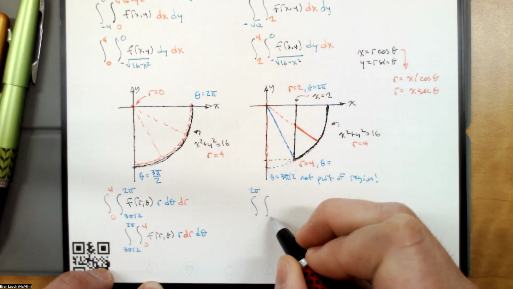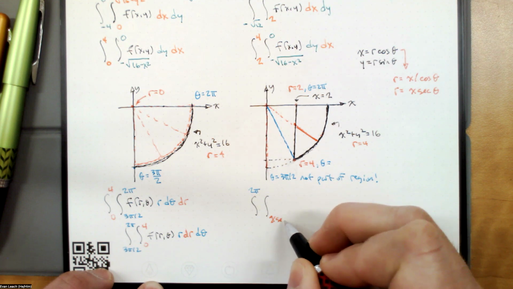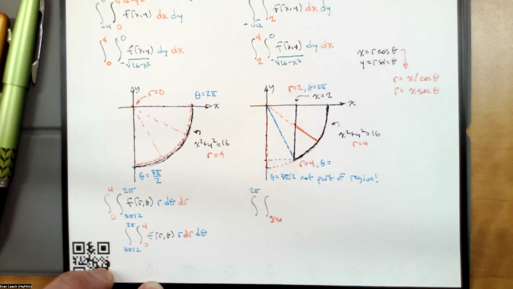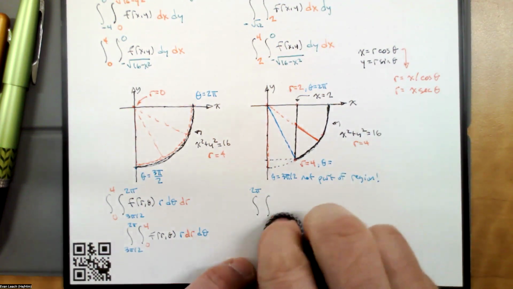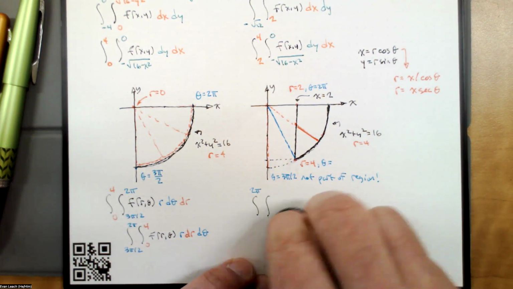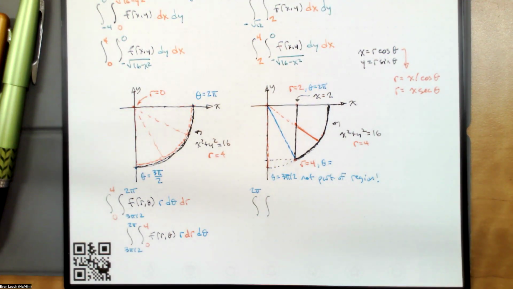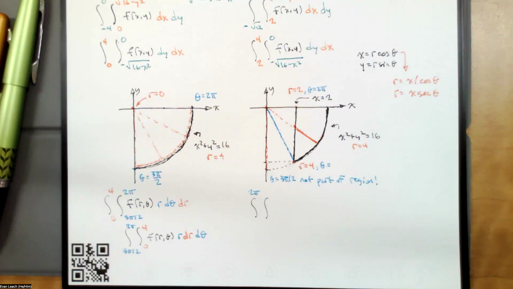The line is described as x secant theta. Oh, sorry, r secant theta. Oh God, x is 2.